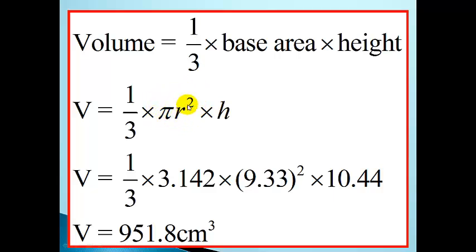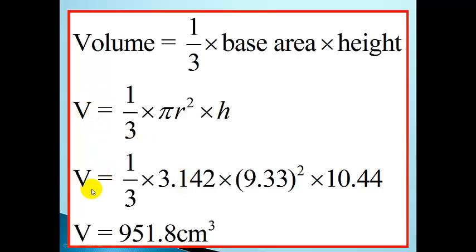Why are we talking about a circle here? The base of the cone is circular, so if we are searching for the base area, then we are searching for the area of a circle. And the formula for finding the area is pi r squared, times, don't forget we have our height, times h. Now pi is a constant that has been given to be 3.142.